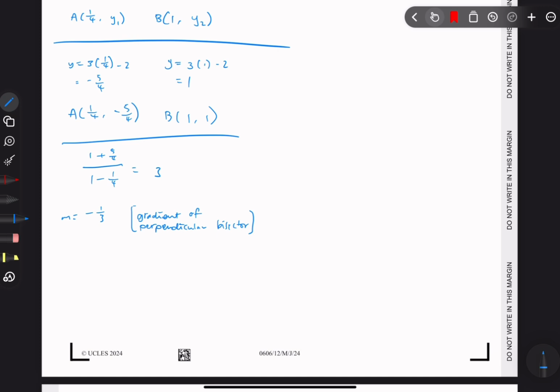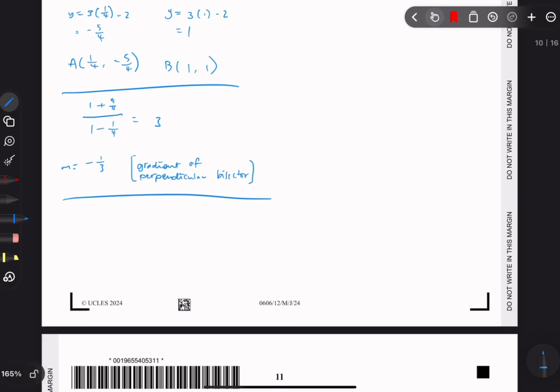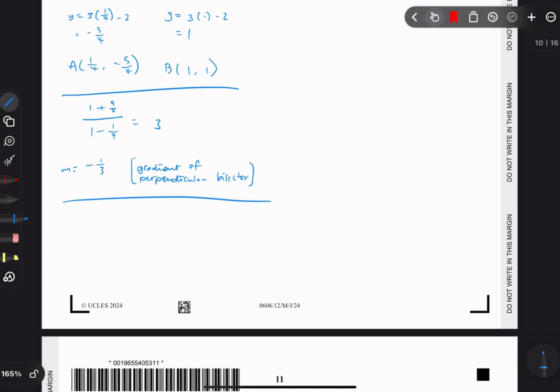So now we have the gradient, we can find the midpoint of AB, which will give us a point to work with. And we can just use the midpoint formula. So this is the midpoint coordinate.